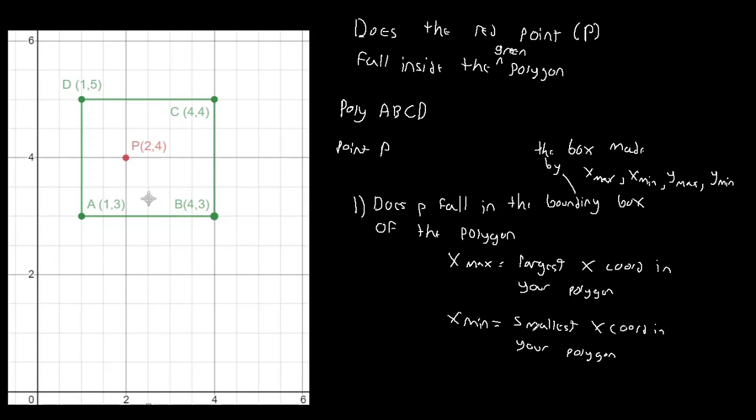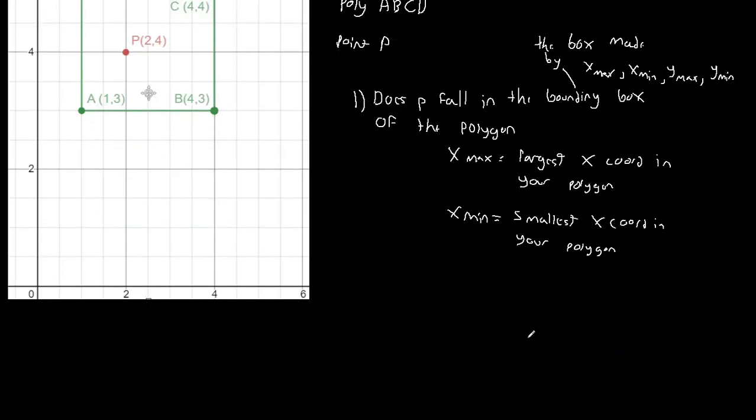We can imagine that y max and y min fall in that same category. y max is the largest y coordinate, and then y min is the largest, or sorry, not largest, I'm sorry, minimum is smallest. It's the smallest y coordinate.